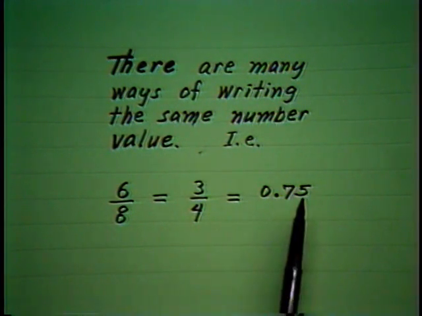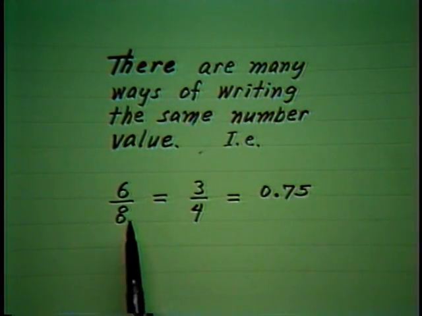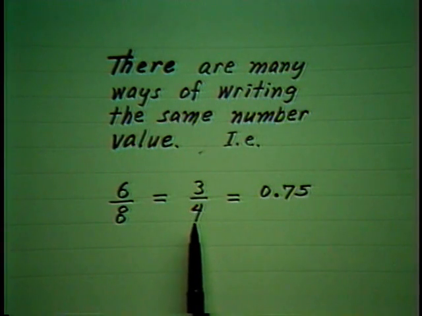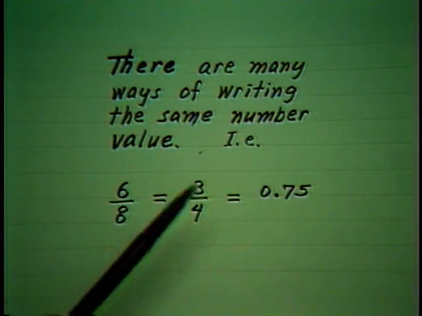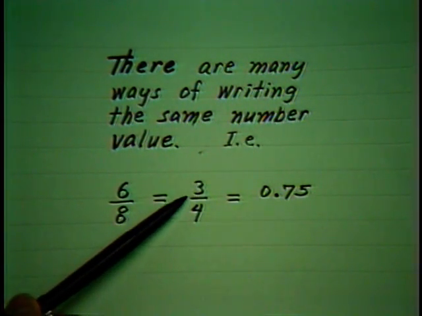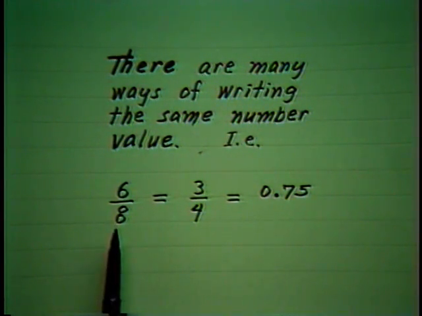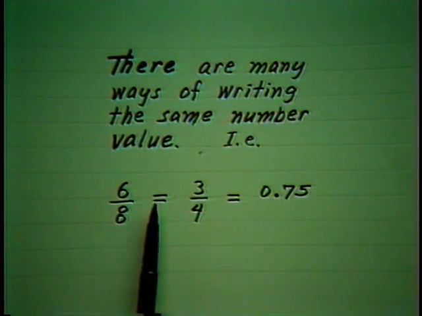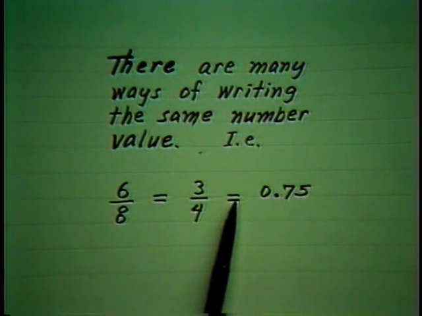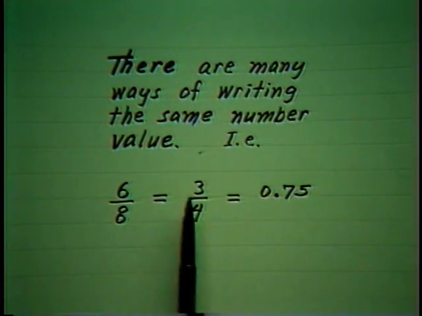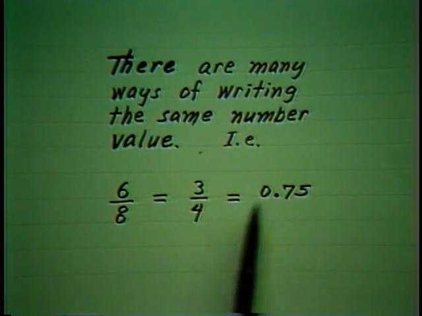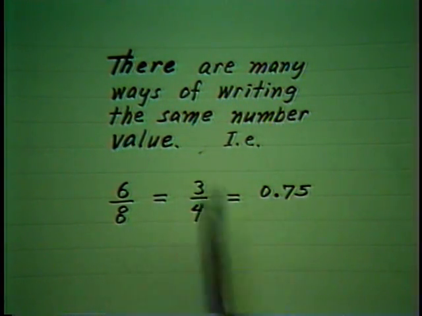Just 3 examples here. 6/8 when reduced is the number 3/4, which when you perform the division, 3 divided by 4 is the decimal 0.75. And they all look different, but they all are the same number. That's the purpose of these equal signs. This chapter merely explores yet another way of saying a fraction or a decimal.